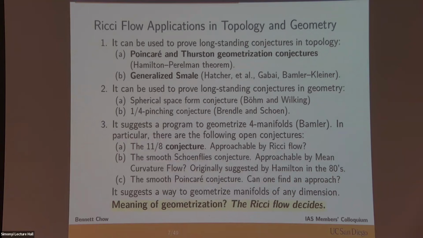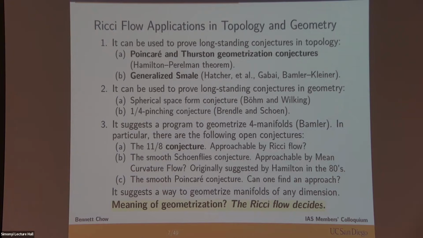There are a number of applications, most notably the proof by Hamilton and Perelman of the Poincaré conjecture, and something much more general, Thurston's geometrization conjecture. More recently, there's a proof of the generalized Smale conjecture, namely in the case of spherical space forms, by Bamler and Kleiner using Ricci flow.